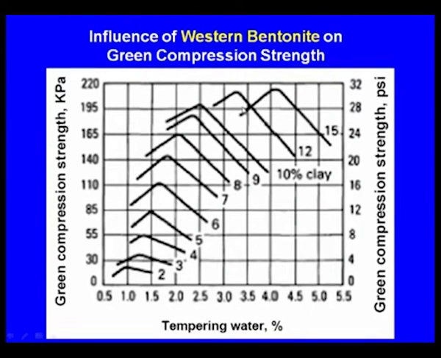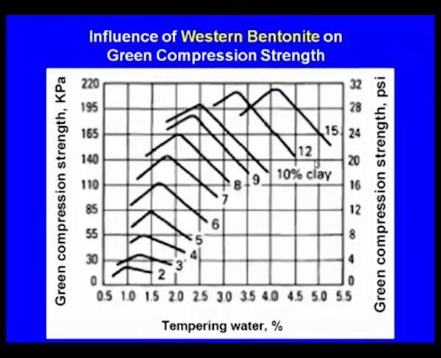Now this is the influence of the western bentonite on the green compression strength. Here the x axis is the tempering water and the y axis is the green compression strength, and the different graphs represent different clay additions. Here the clay is the western bentonite, and the same thing is happening.